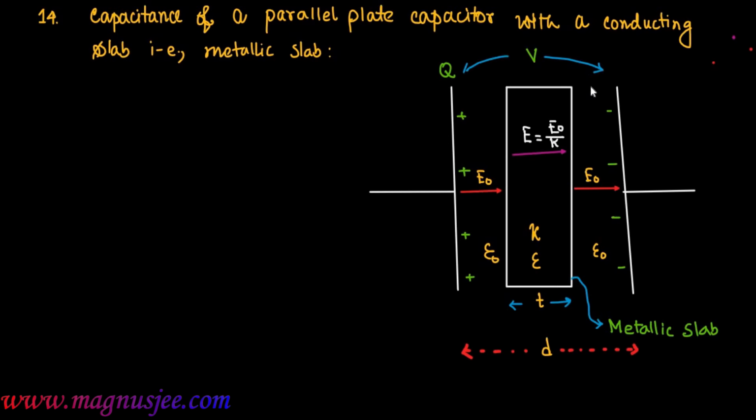Q is the charge given to the plate, and V is the potential difference between the two plates of the parallel plate capacitor. In this case, capacitance C equals Q by V, charge by potential difference.